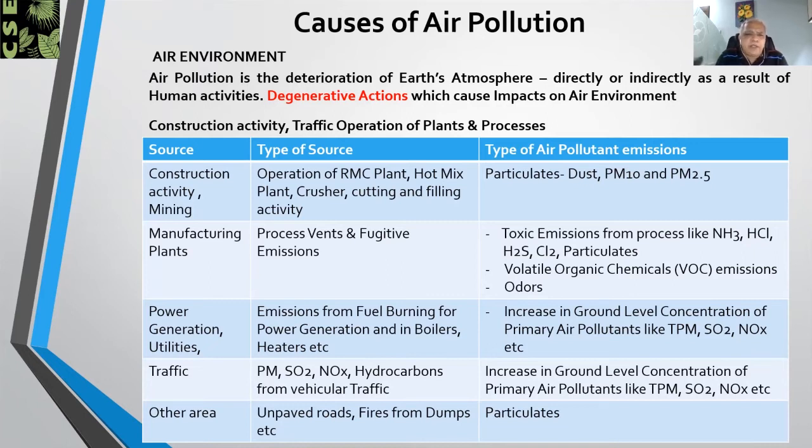Then we have manufacturing processes and plants like petrochemical plants and large iron and steel plants, smelters, fertilizer plants, cement plants. In case of petrochemical plants, we have major fugitive emissions, which are the volatile organic compounds, and resultant odors and the toxic gases which may be released into the atmosphere because of that.